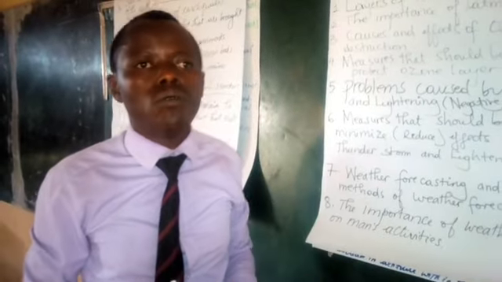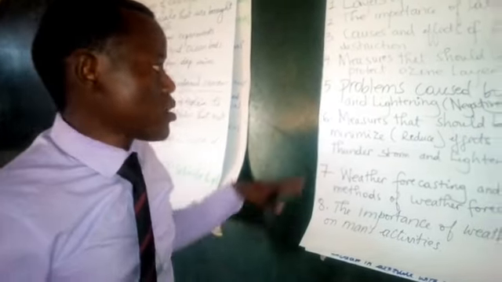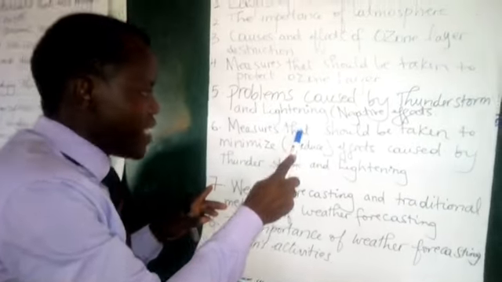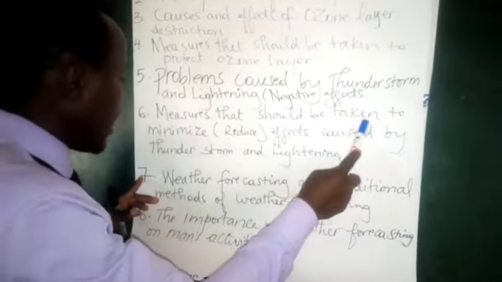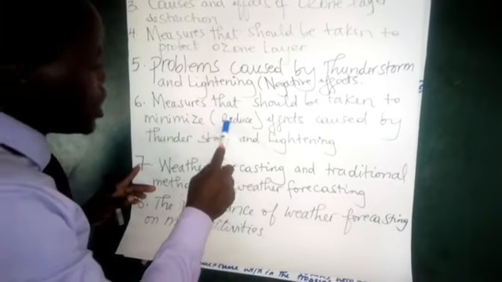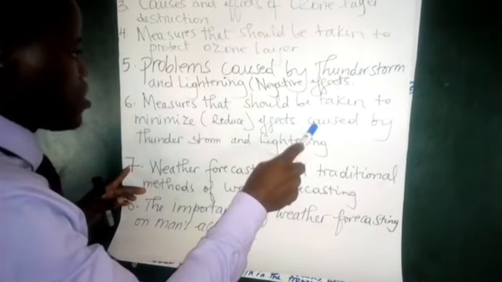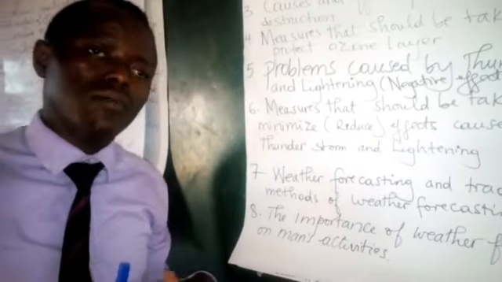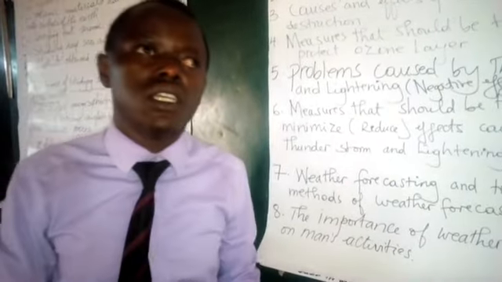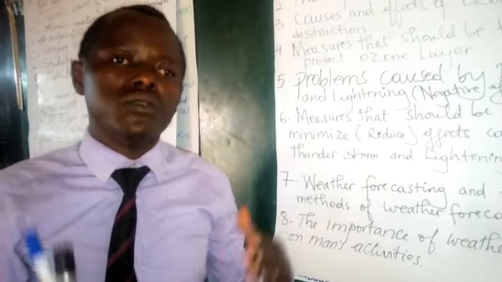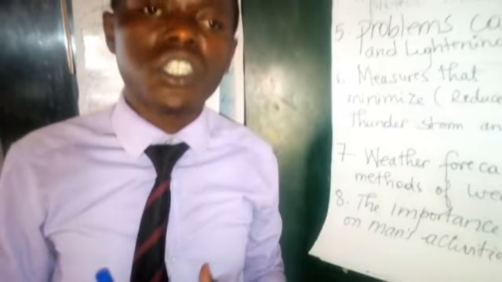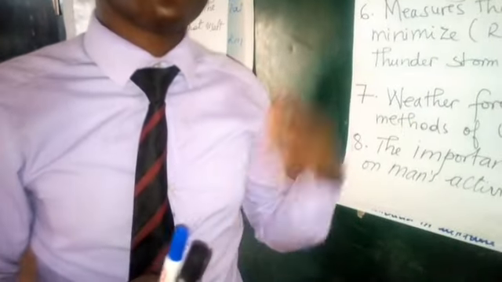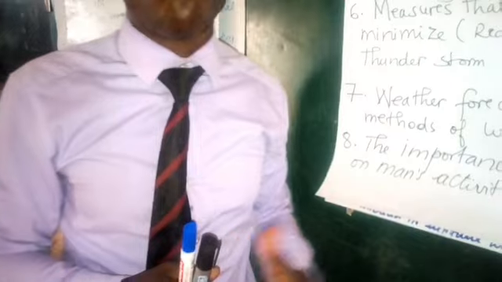Number 6, we shall talk about measures that should be taken to minimize or reduce the effects caused by thunderstorms and lightning. Next time we shall be looking at different measures or techniques that one can use so that he can avoid or escape the effects caused by thunderstorms and lightning.